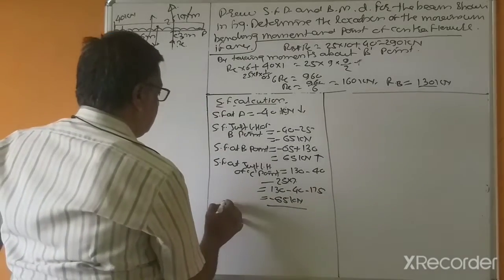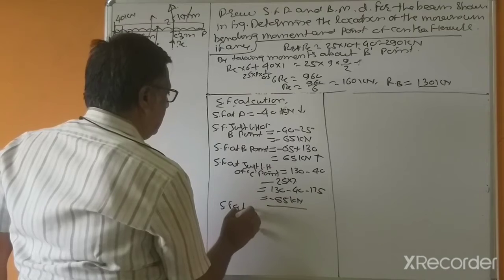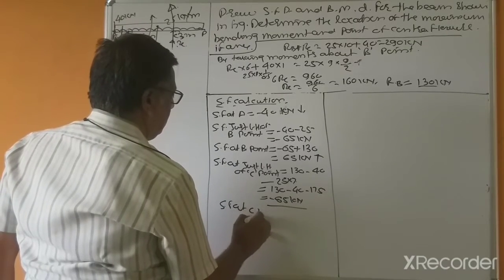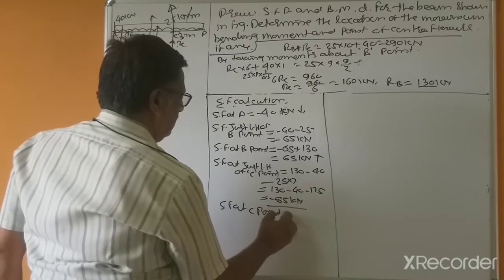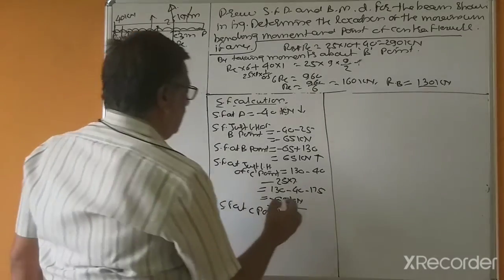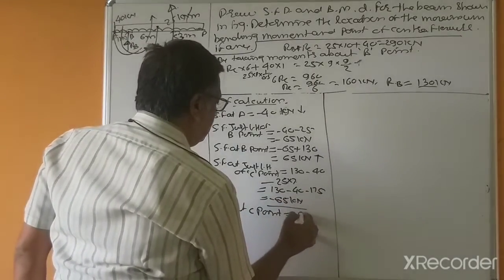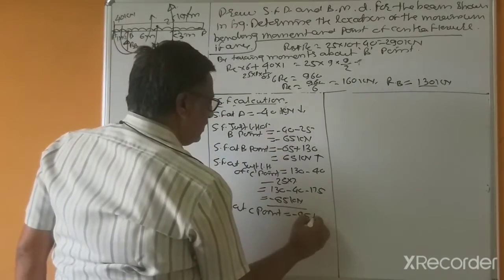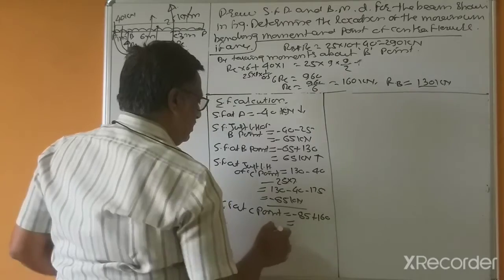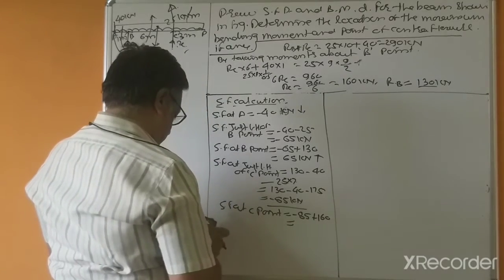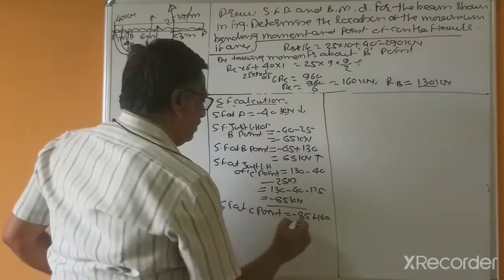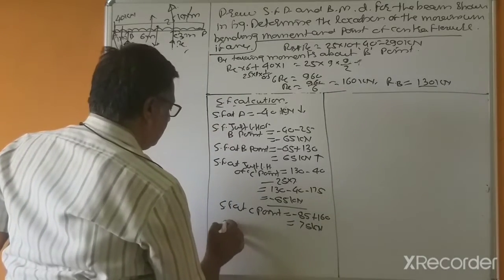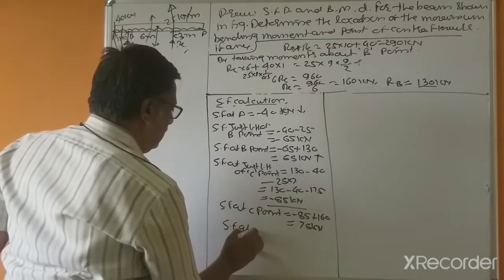And shear force at C point equal to now 85 kilonewtons, and here RC upward 160, gives 75 kilonewton.